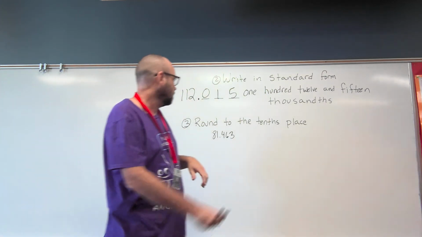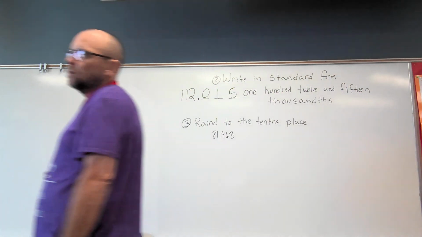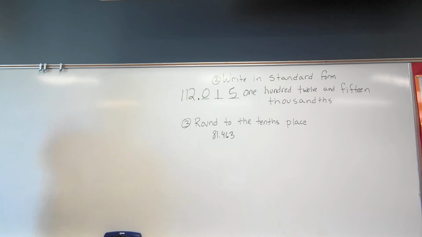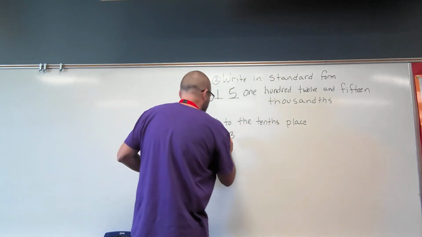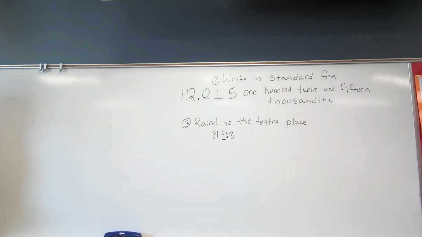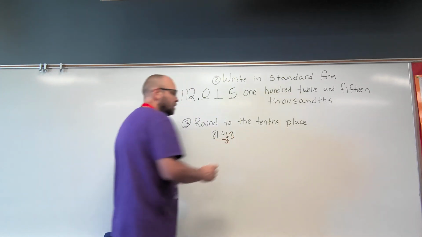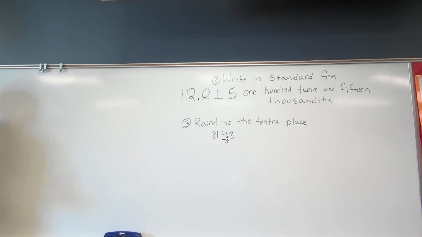I'm just saying. The next one, round to the tenths place. Maddie, you. What is the digit in the tenths place? 4. That means the 4 is going to be the number I either add 1 to or add 0 to. I can tell that by looking behind it. Behind it is a 6. So Emily Kate, am I going to add 1 to the 4 or add 0 to the 4?